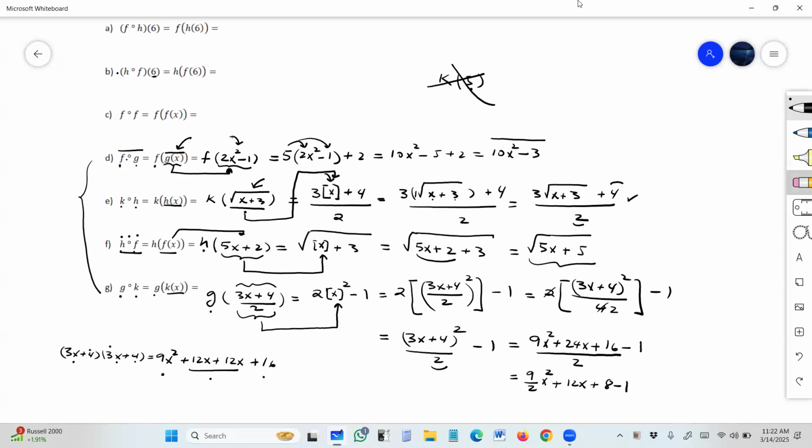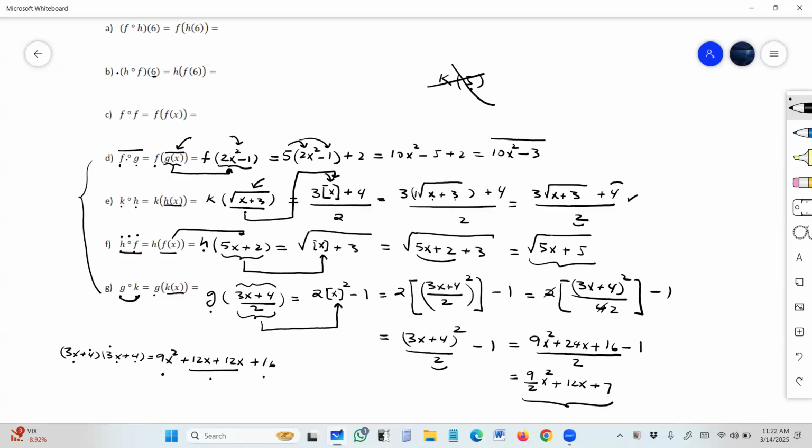So 8 minus 1, 7. I'm just going to change it over here. So this is 7. So this is the composition G compose K. Okay, so sometimes this happens, right? You may have to simplify some of these compositions.